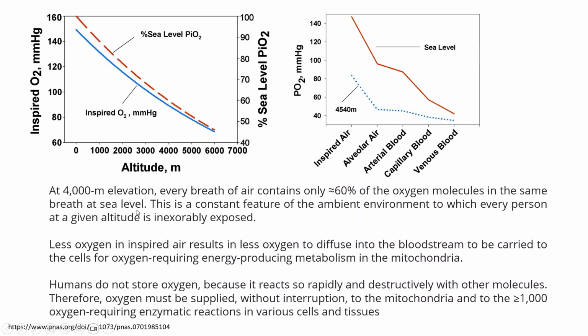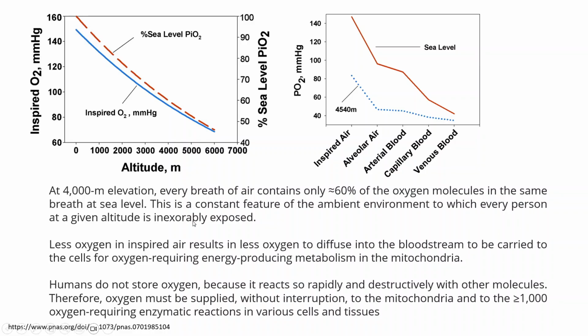So where you're sitting, you're breathing 100%, but if you go onto the Tibetan plateau or you climb the Andean mountain, then you have only 0.6 times of that. So every breath you are accumulating that lack, right? So this is a constant feature of the ambient environment, and every single person is exposed to it.